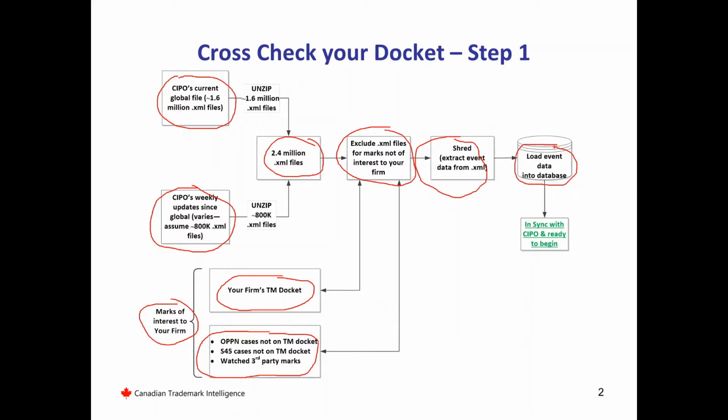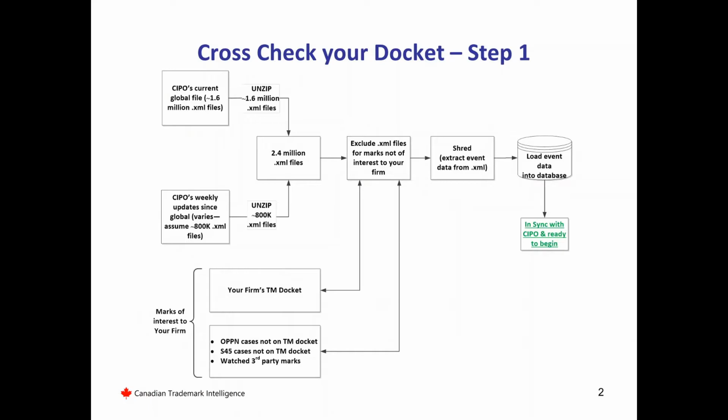I'll explain shredding in a moment. So now you've got a database containing the most recent action event details for the applications of interest to your firm so far as the global release from CIPO is concerned. And now you're ready to go to step 2, which is the next slide.